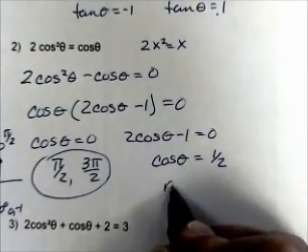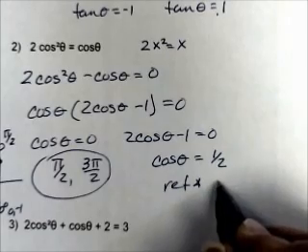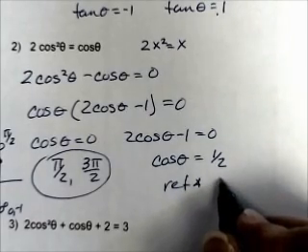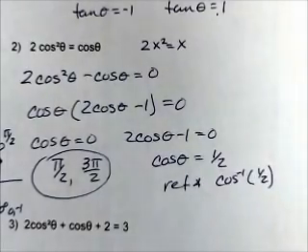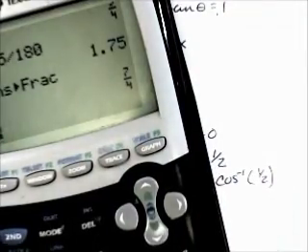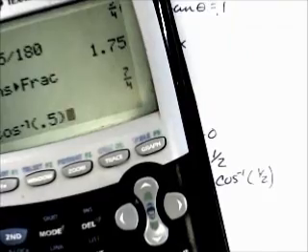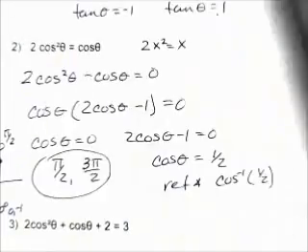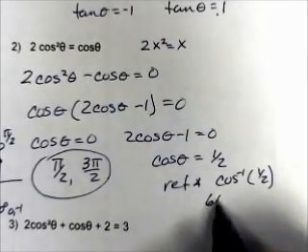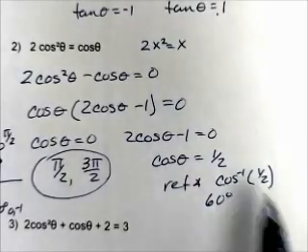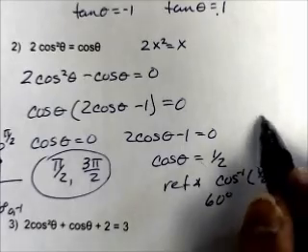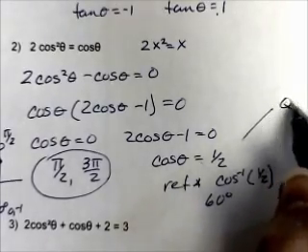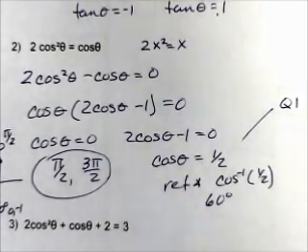Cosine theta equals 1/2. So our reference angle is going to be the second cos, or cosine inverse, of 1/2. Second cos, 0.5, 60 degrees. So a 60-degree reference angle. This positive 1/2, cosine is positive in quadrants 1 and 4.